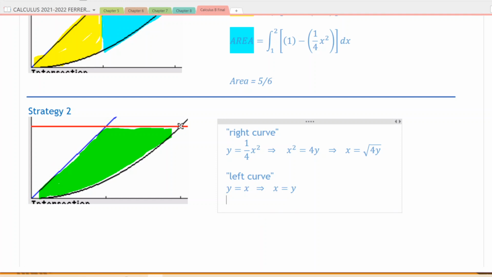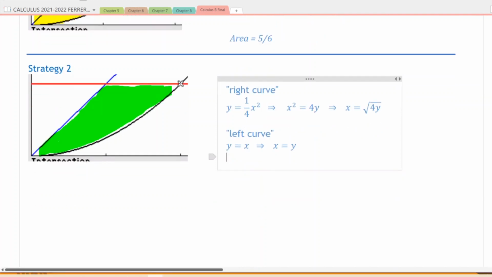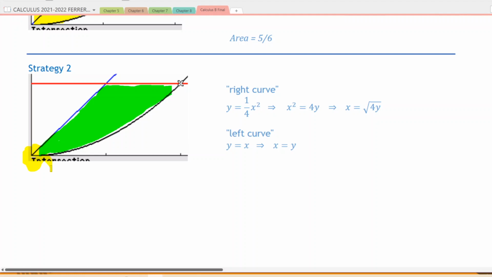Actually, that's exactly the same equation. So now that we have a right curve and a left curve, all we need is a y minimum and a y maximum. I think you can see that a y minimum would be down over here, at y equals 0. And then the y maximum is up here, and that is at y equals 1.